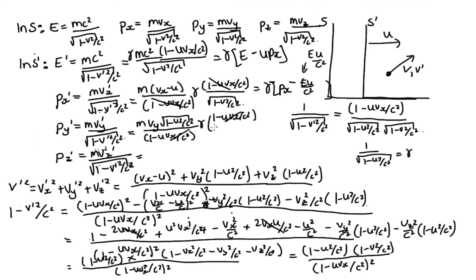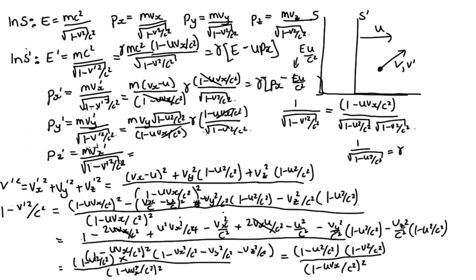And then we've still got that root 1 minus v squared on c squared. Now this gamma and this square root of 1 minus u squared on c squared are going to cancel each other out, and we're left with m vy over the square root of 1 minus v squared on c squared, which you can see up here is the py. And so this has not been transformed, and you can see that because pz and py are exactly symmetric, this is going to be equal to pz.